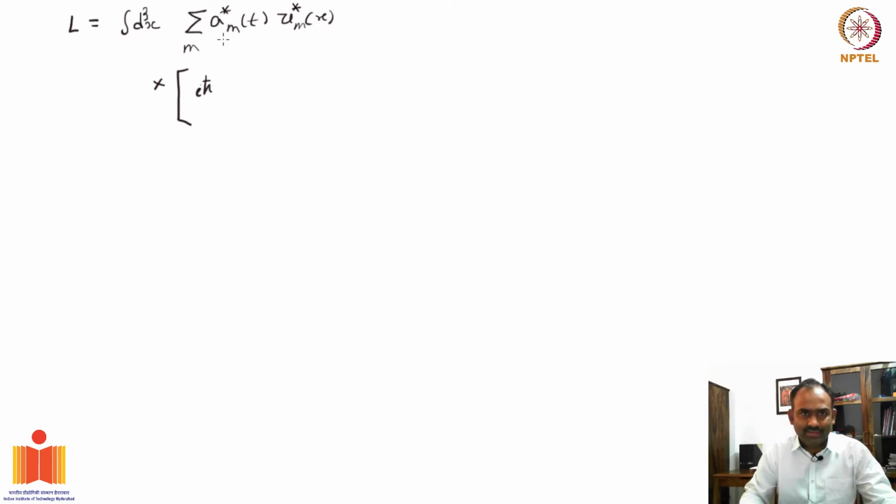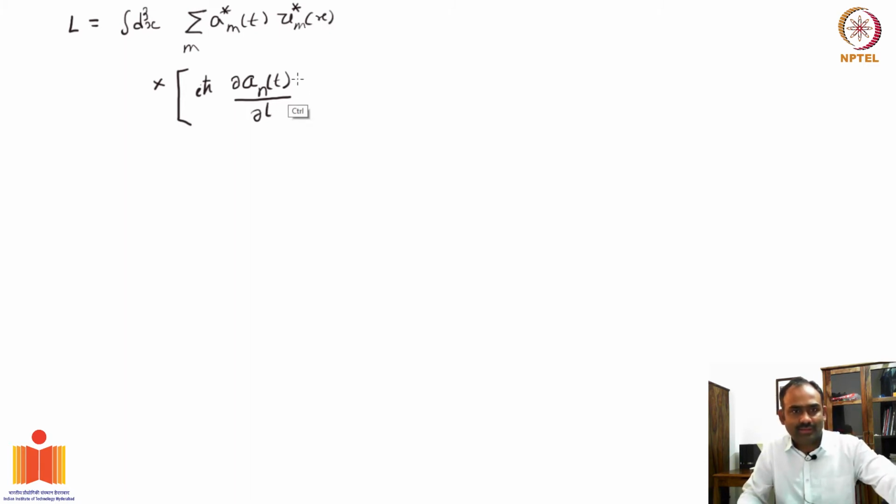Time dependence is only in the a's. Now I am writing psi, not psi star. So u_n will remain outside, and you will have del a_n(t) over del t. Okay, let me try to write it a little neatly.